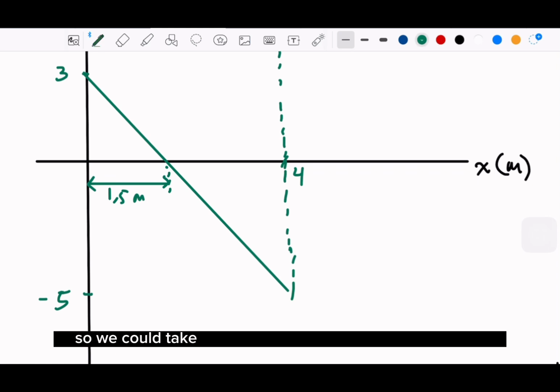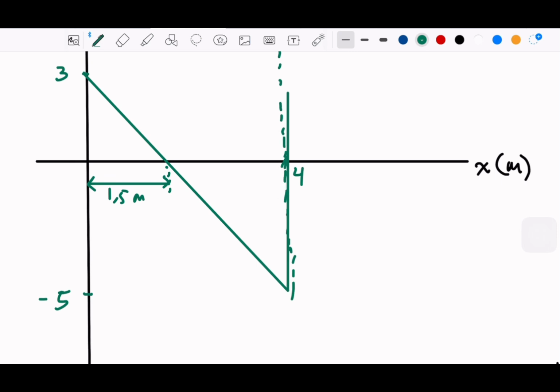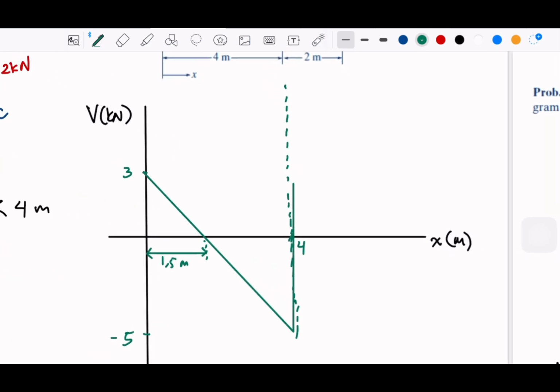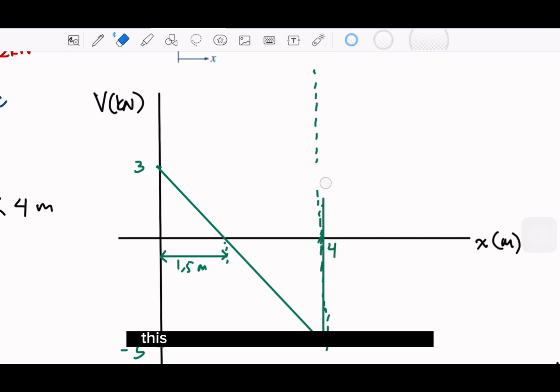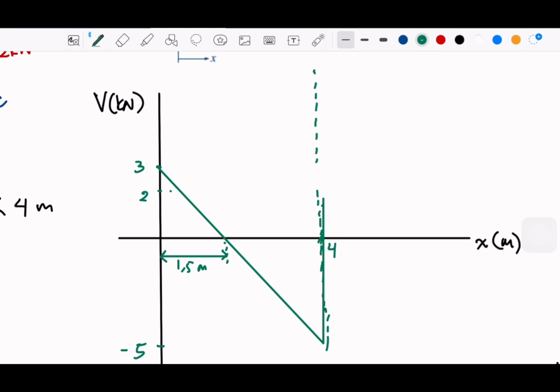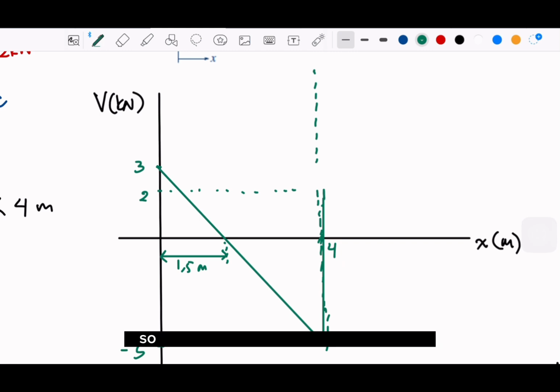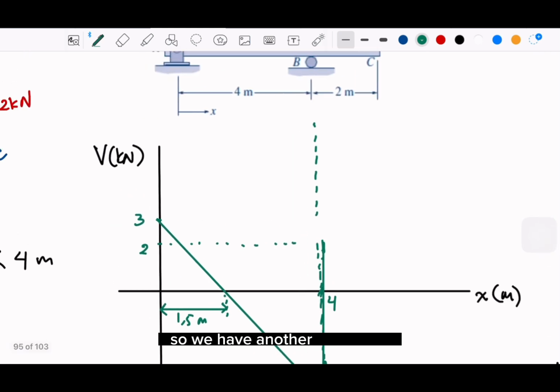So we could take 2 and maybe take that as our line. Let me erase this a little bit. Maybe 2 is here. So that will be 2, and then up until 6, so we have another 2 meters.